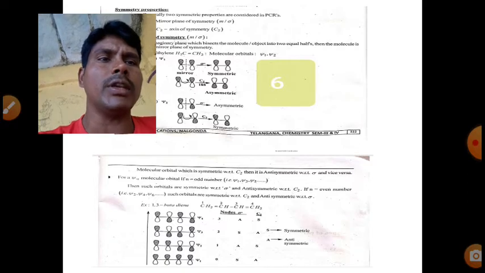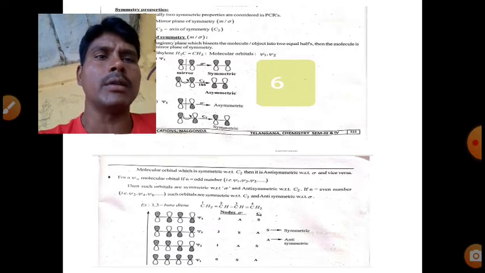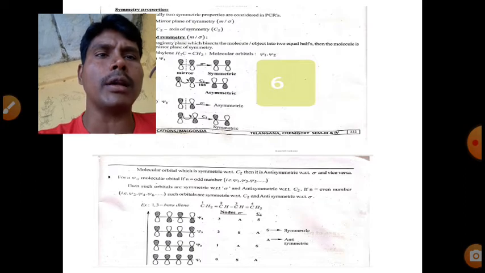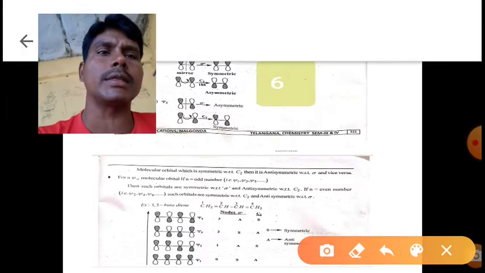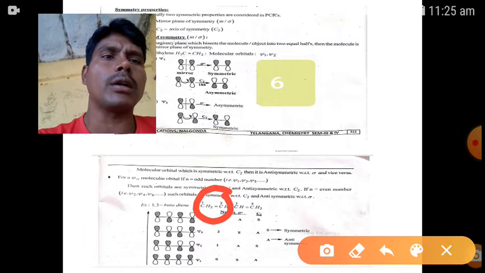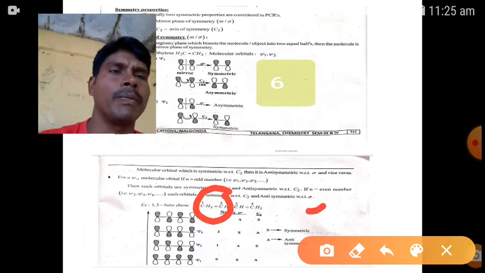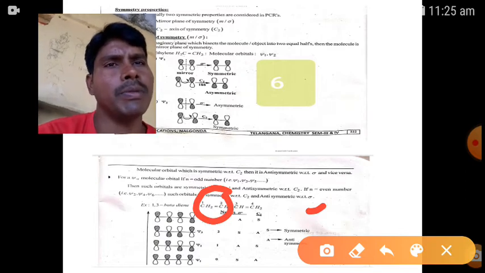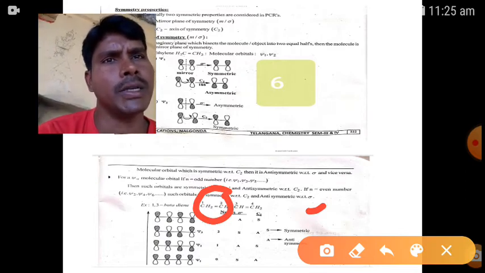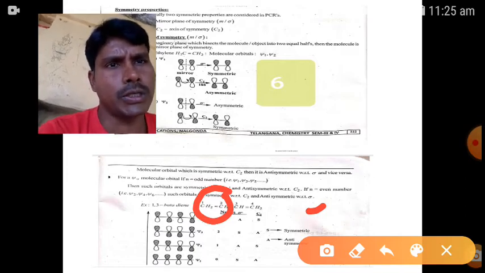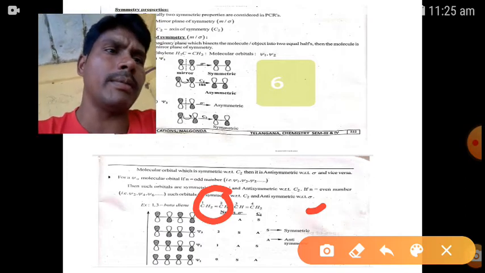If n is an even number, those orbitals have a C2 axis, symmetric with respect to C2, and the reverse, anti-symmetric with respect to sigma. So if sigma is present and symmetric, C2 is anti-symmetric, opposite to the other element.